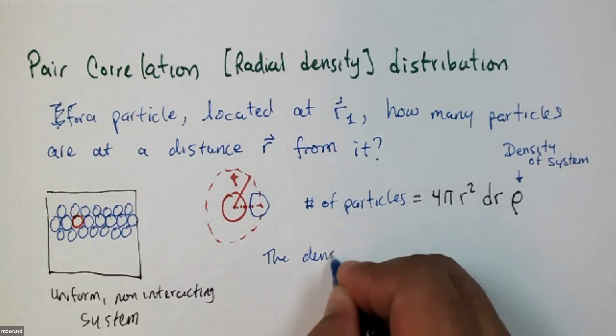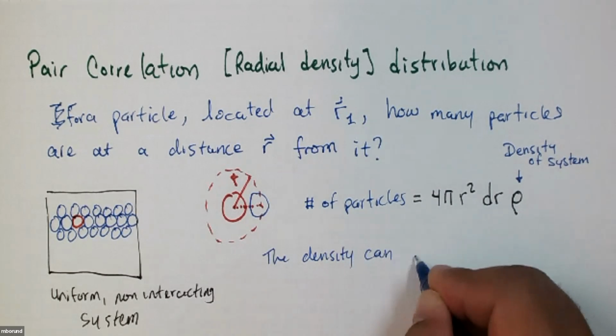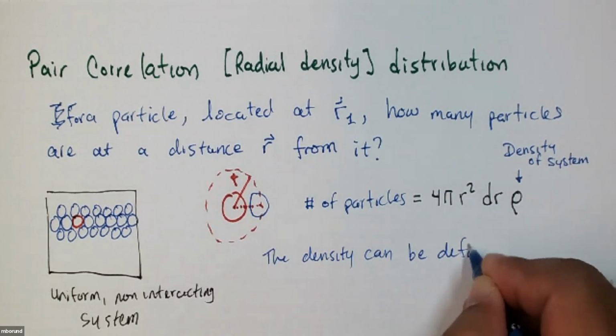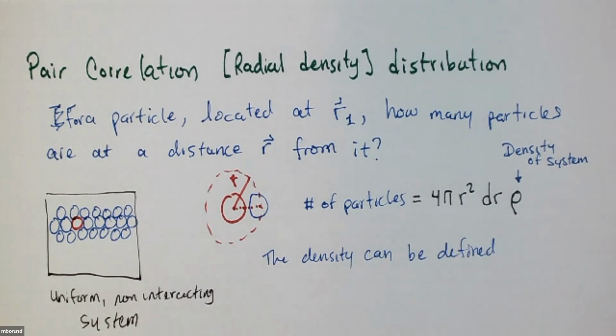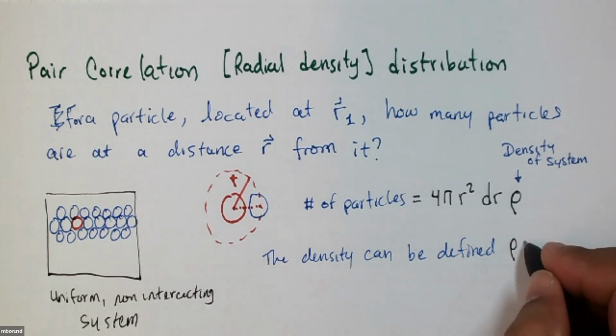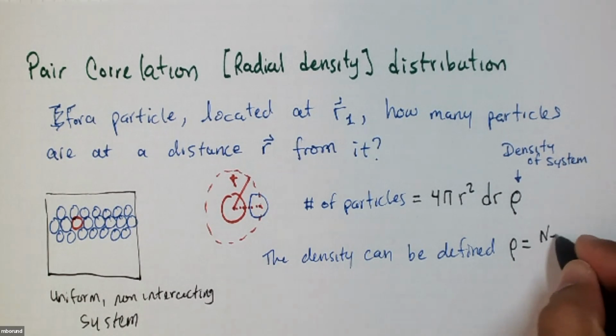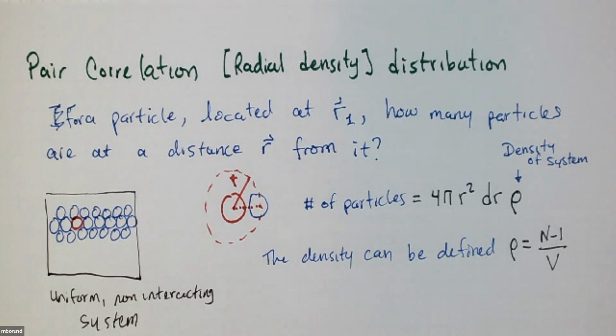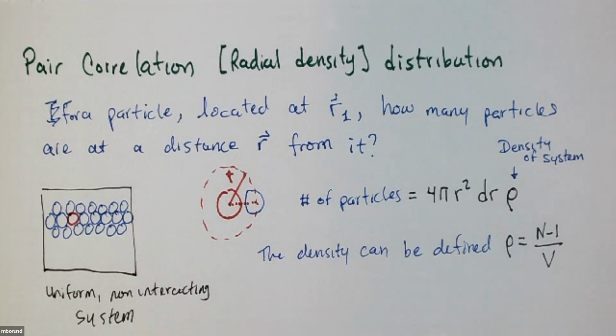The density can be defined as rho is equal to the number of particles minus 1 enclosed in the volume. And then this dr will be the little shell that I put around it.